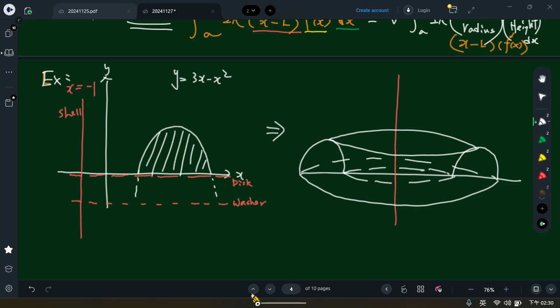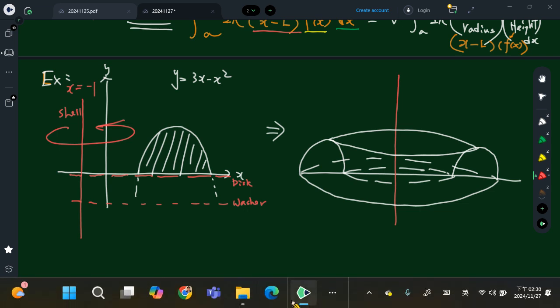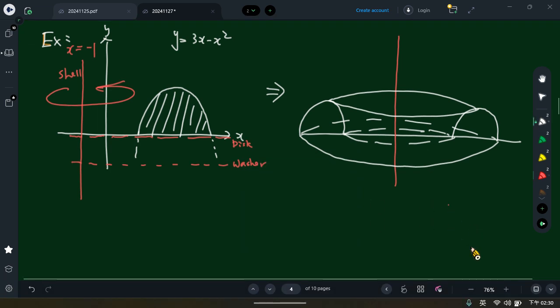If you rotate it through this, you can see the shape. Okay, so right now we try to use the shell method to calculate it. So I also put the formula here for your reference.